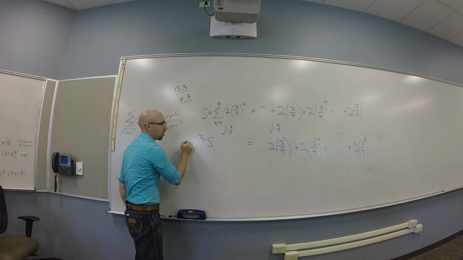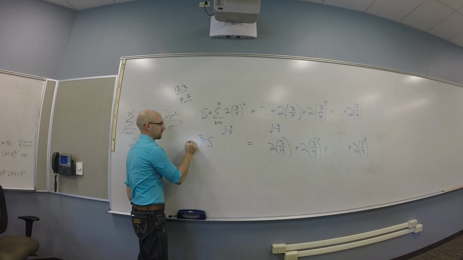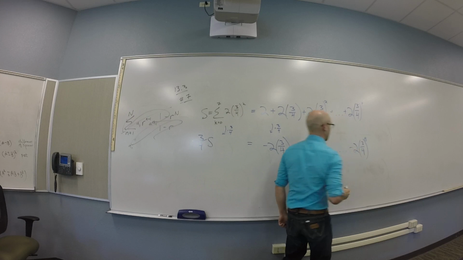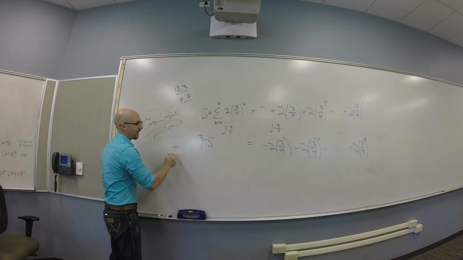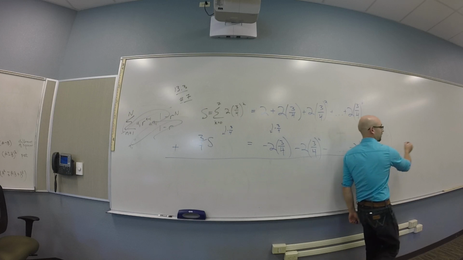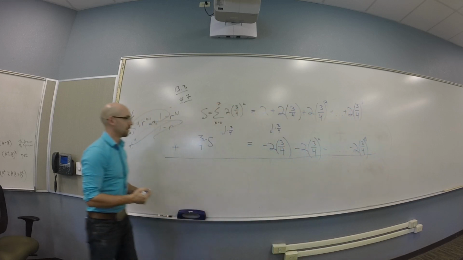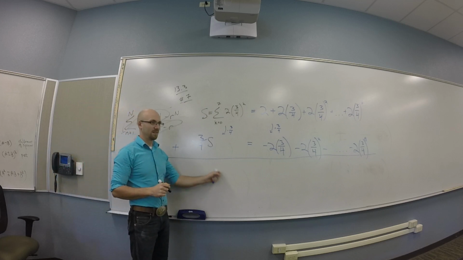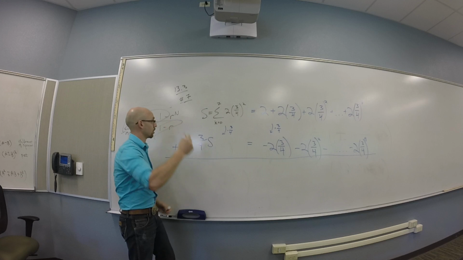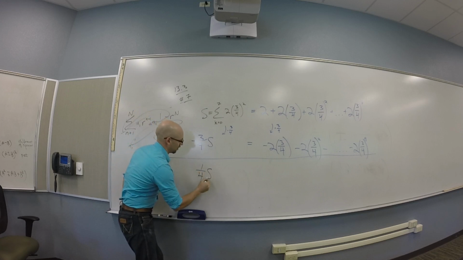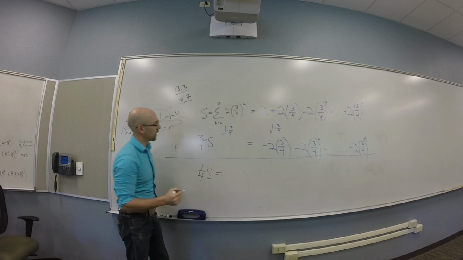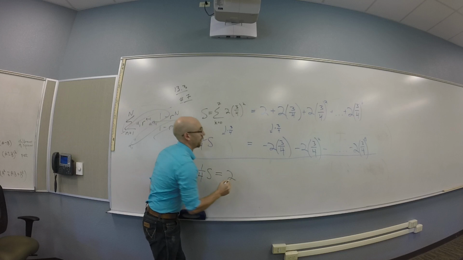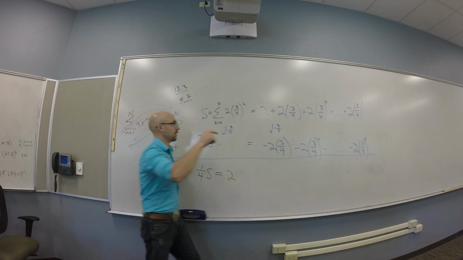And then you want to flip all of the signs on this stuff. Flip, flip, flip, flip, flip. And then add. And what do you get over here? A quarter S. And on the other side, you got 2 plus 2 times 3/4 to the 8 with the signs flipped.